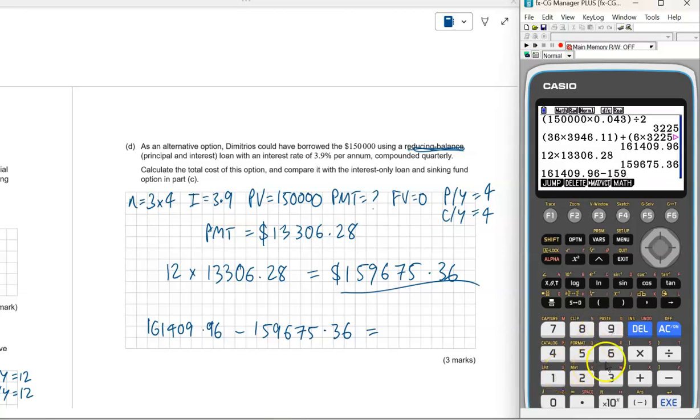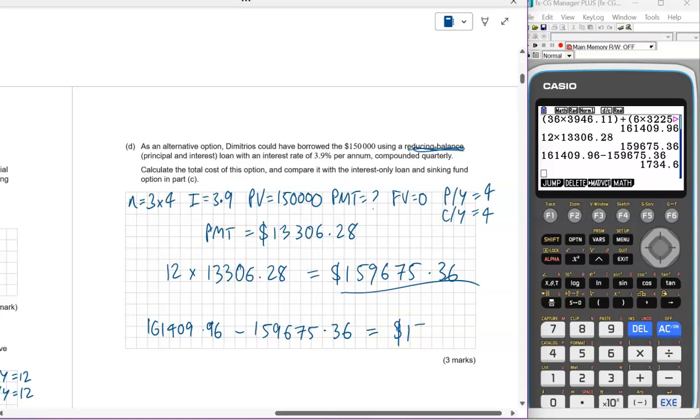So the difference works out to be he will save $1,734.60.